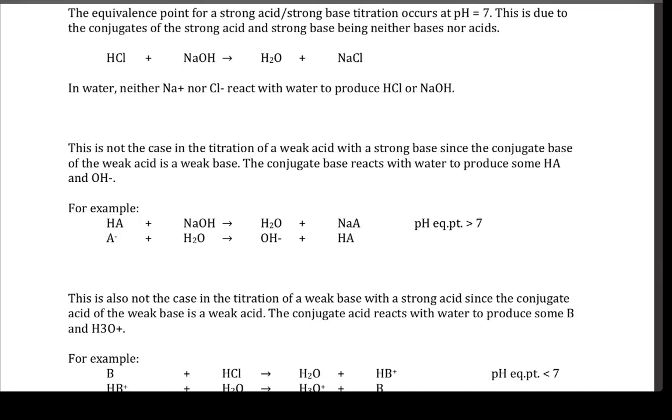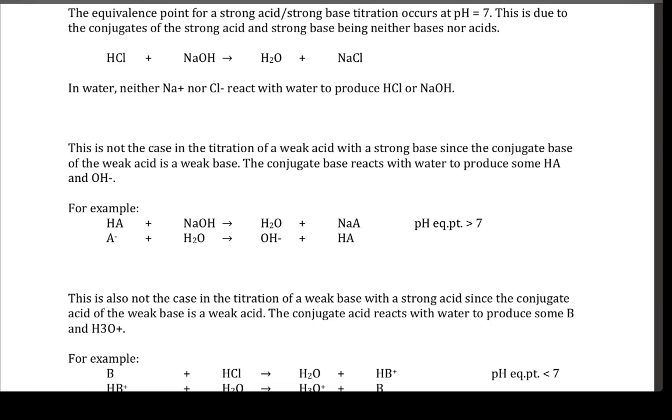So the equivalence point for a strong acid, strong base titration occurs at a pH of 7. This is due to the conjugates of the strong acid and strong base being neither bases nor acids.